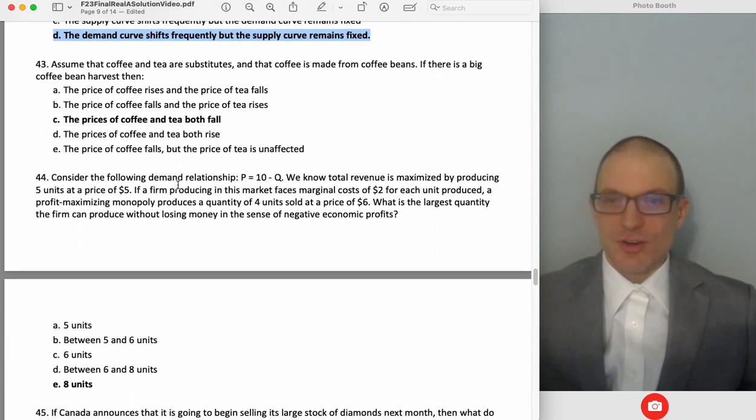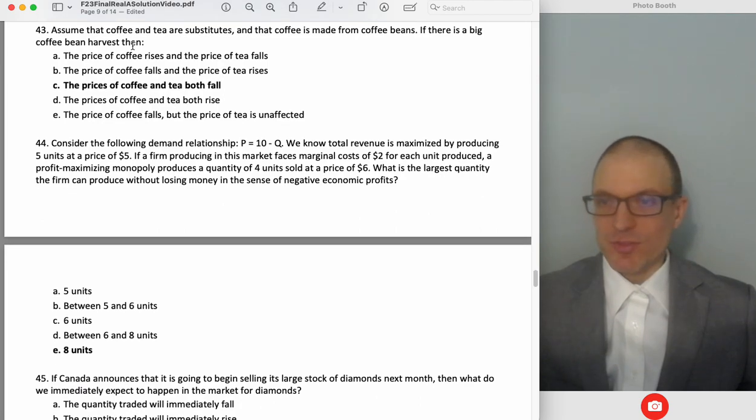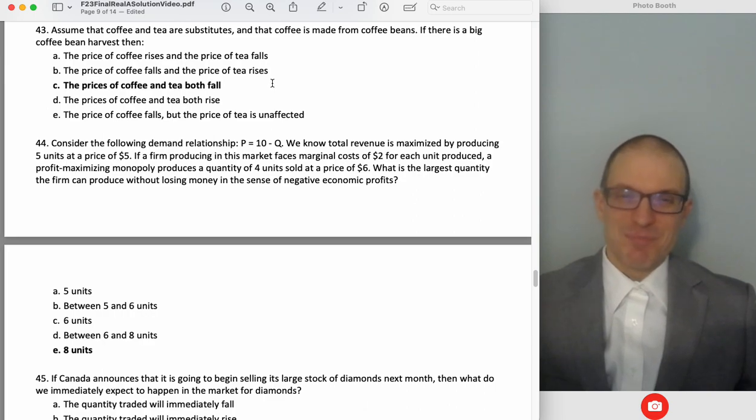You could draw the picture and then you'll see it. Assume coffee and tea are substitutes. Coffee is made from coffee beans. If there's a big coffee bean harvest, we expect an increase in the supply of coffee beans. That's going to lead to a lower price of coffee beans, a reduction in the price of a very important input in making coffee. As a result, there's going to be an increase in the supply of coffee.